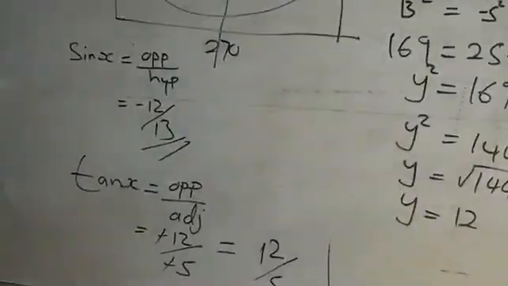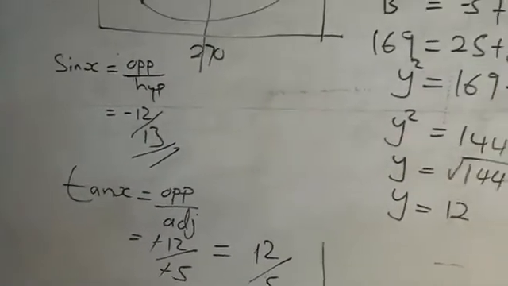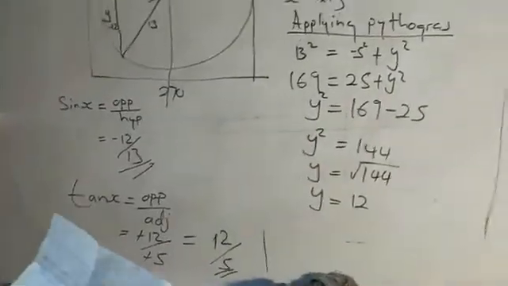Okay. After doing that, we have completed what we call a right angled triangle.